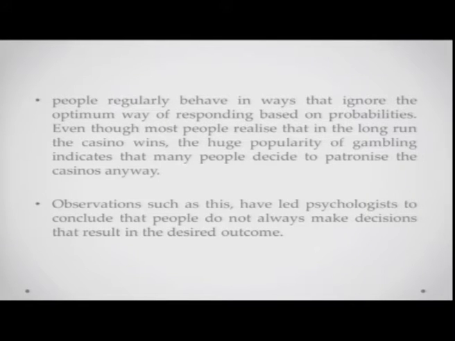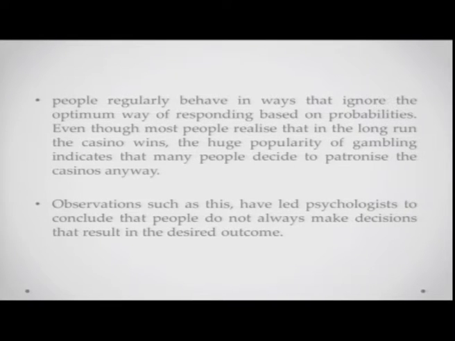People regularly behave in ways that ignore the optimum way of responding to probabilities, even though most people realize that in the long run the casino is the winner. The huge popularity of gambling indicates that people decide to patronize casinos anyway. People know that high consumption of alcohol would lead to diseases, and high consumption of junk food would lead to diseases as well.